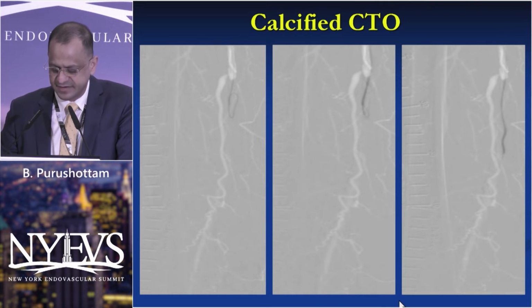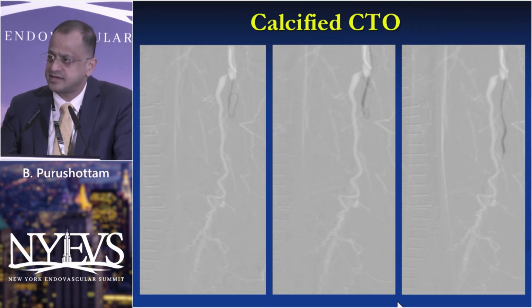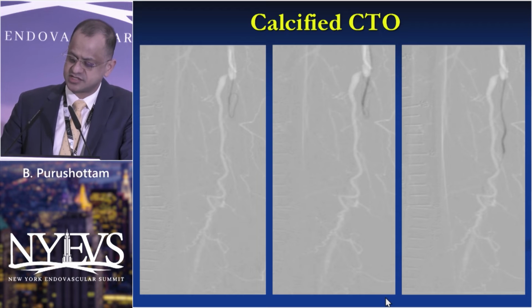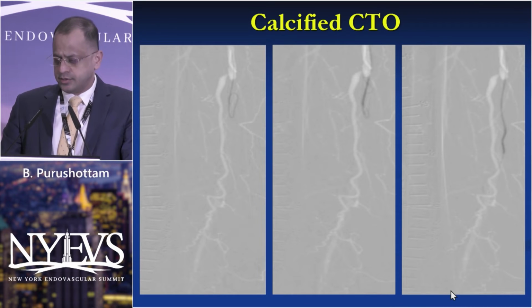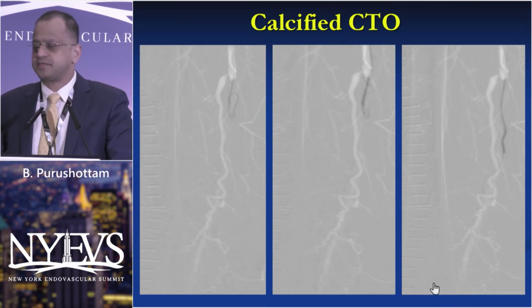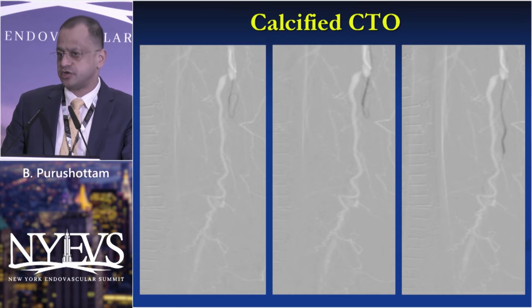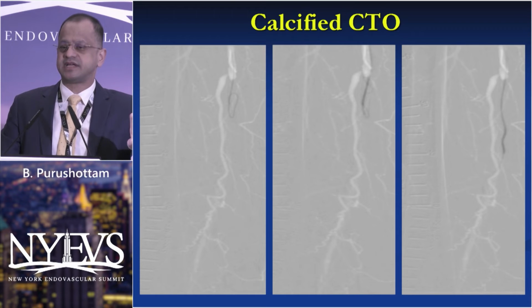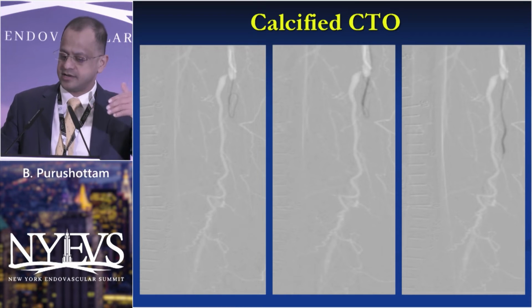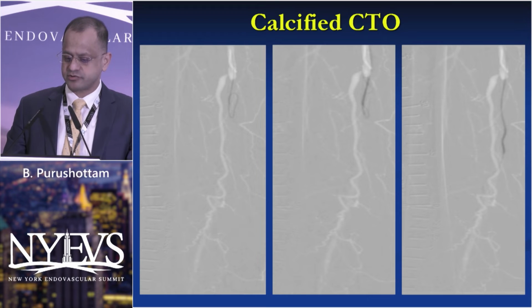Now, when you have a calcified vessel, that adds a whole bunch of challenges. So when you have a calcified vessel, a couple of techniques. One is you identify where it is, and then you can either find a channel and get through it. In some cases, what I've done is you come retrograde, and when you come retrograde, you can find another channel.